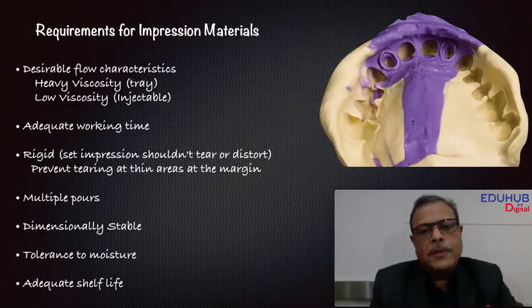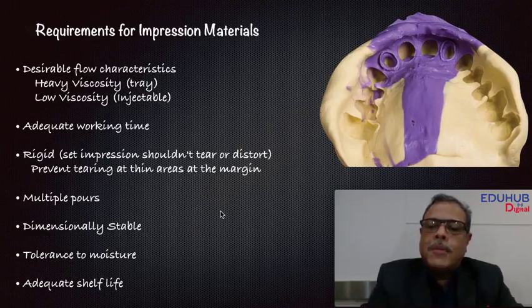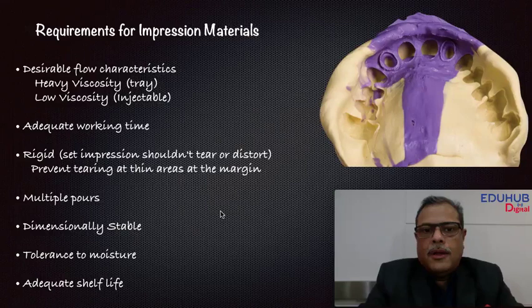Let's begin with the requirements for an impression material. The impression material has to flow very easily around each tooth to be recorded interproximally, and that's why very good flow characteristics are important for the material.